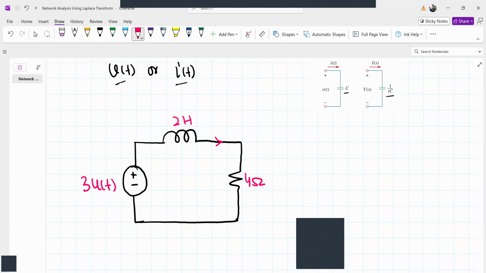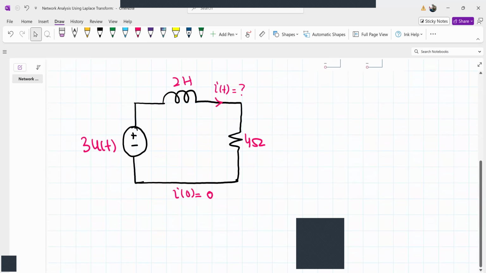Our goal is to find i(t), the variable that we need to find in this circuit. We'll assume that the initial current stored in the inductor at t equal to 0 is 0, which means the initial condition in this circuit is 0.